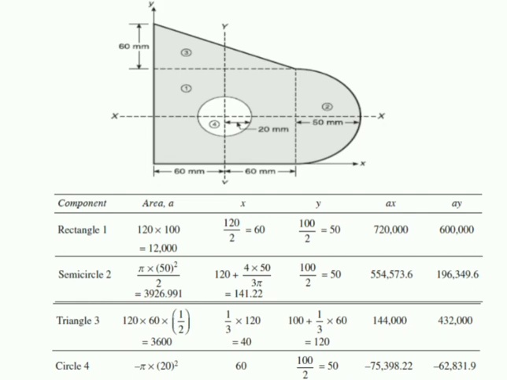So whatever will be the distance will be 120 plus. So in this case we get 120 plus 4r by 3 pi. Then next, y2 for the semicircle is easy, which is nothing but your radius, that is diameter divided by 2, which will be 50. So we will get the values a2 x2 and a2 y2.